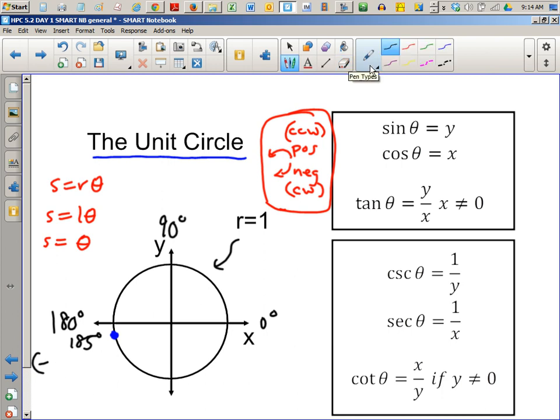Okay. Oh, yeah, and I need the y value. So type sine 185. So what was it? Negative 0.087. So this is just cos 185, and this is sine 185. Does it make sense that the coordinates are negative 0.996 and negative 0.087? I got my decimal in the wrong spot.